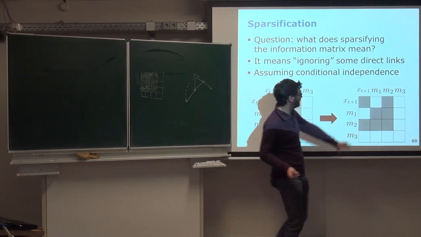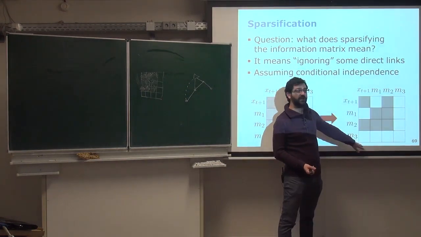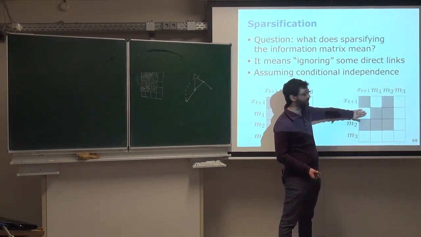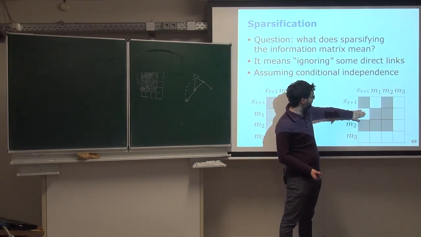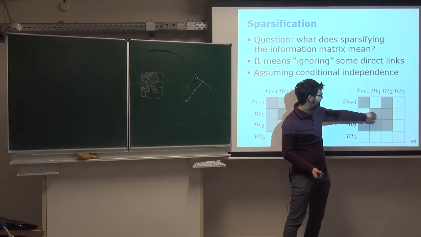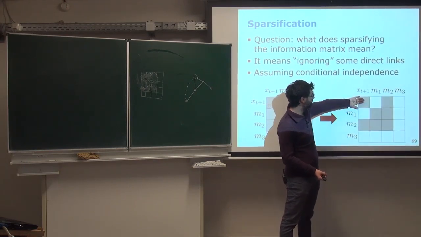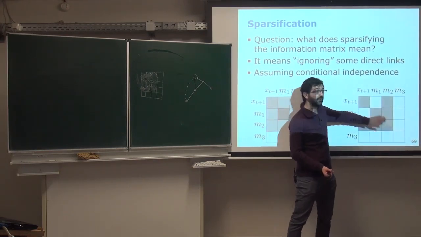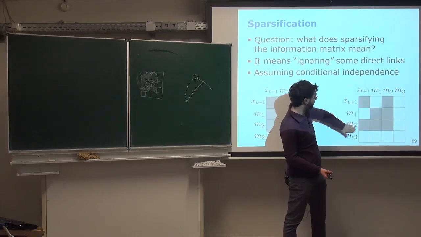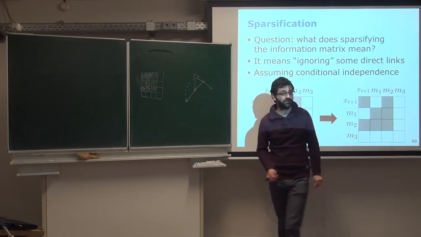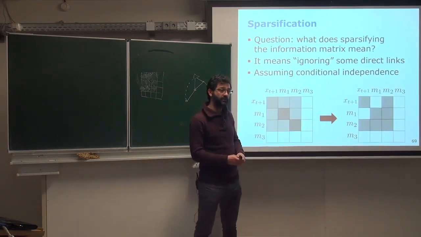If you remember, the information matrix was telling you conditional independence between variables. Basically, if there is a 0 here, it means that this variable is independent from this variable given all the others, or vice versa.